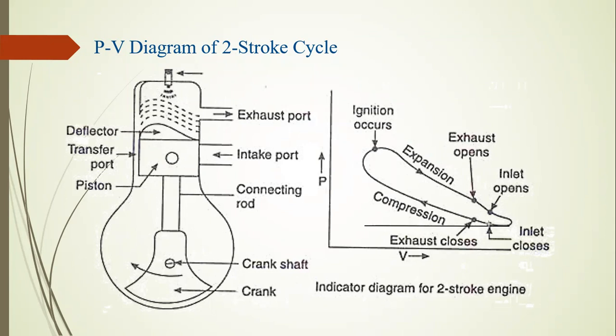Then after that, this point is called inlet closes, and this point is called exhaust closes, which means the inlet and exhaust ports are covered by the piston. Whenever the piston moves in the upward direction, this process is called compression. The piston moves from bottom dead center to top dead center. This is called compression.